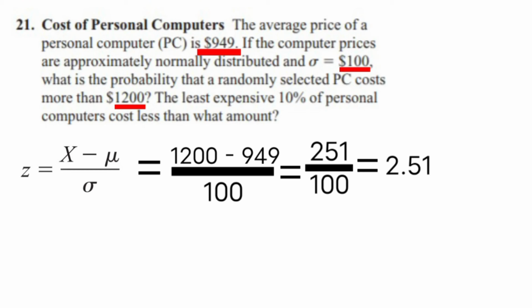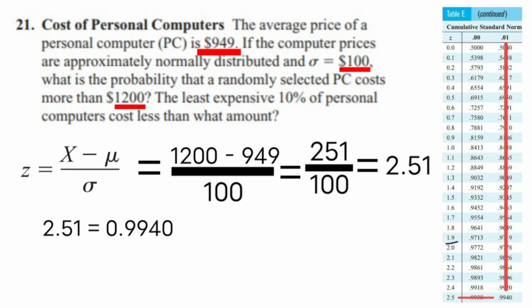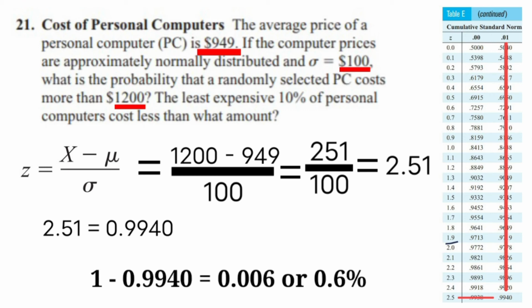And now we will look for the corresponding z value of 2.51, and it is equal to 0.9940. After we get it, we will subtract it from 1. So 1 minus 0.9940 is equal to 0.006 or 0.6%, the probability that a randomly selected PC costs more than $1,200.